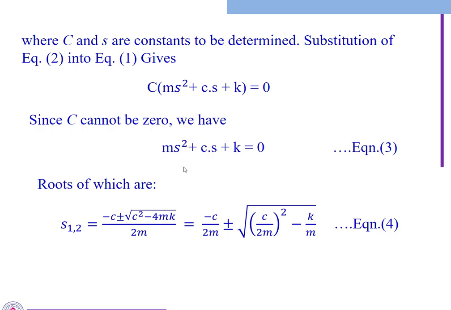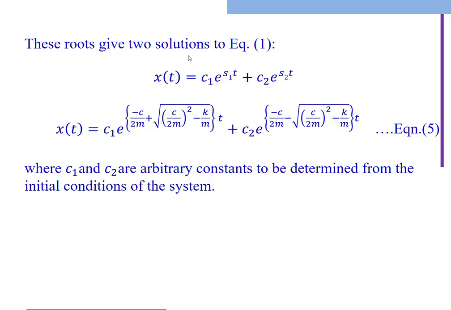By using this we have found two roots of that ordinary differential equation, and by using these two roots we have converted the equations in terms of x of t is equal to c1 e to the power of s1 t plus c2 into e to the power of s2 t. We have converted this in terms of the displacement parameter.